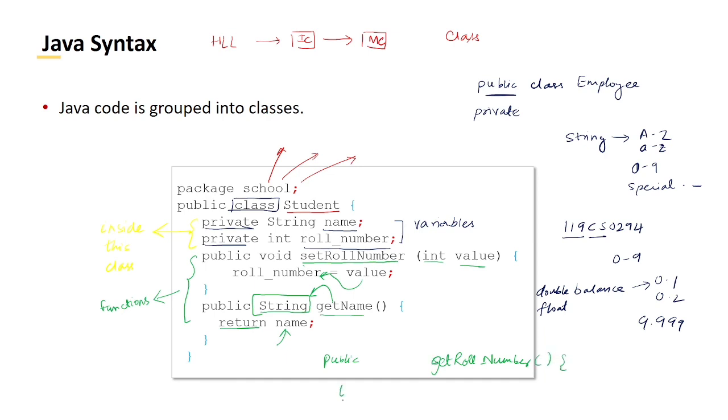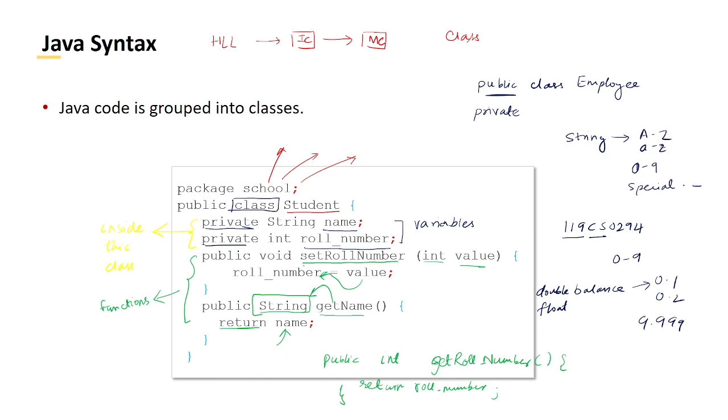If you ask what will be the return type of this get roll number, it will actually return the roll number, and the return type would be int. Why? Because the data type of roll number is int. Did you get it? Since we are returning the roll number and the data type of this roll number is int, therefore we have written int over here.